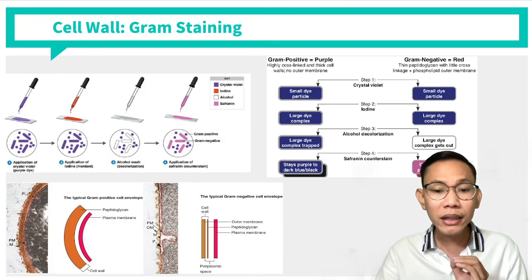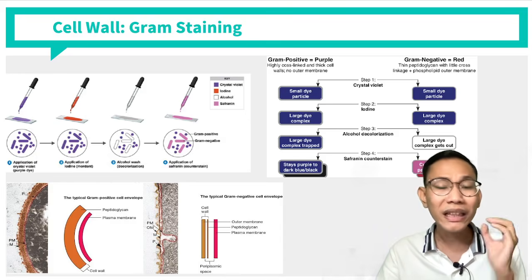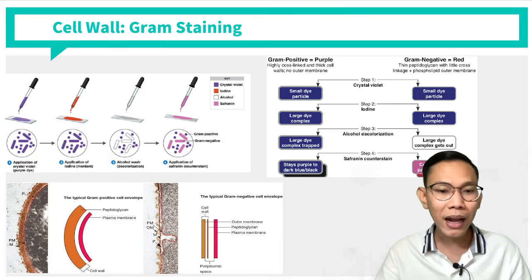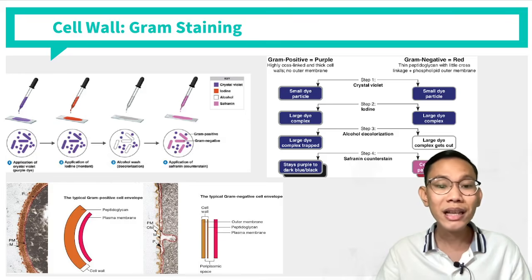However, it can still keep enough of it to retain the purple color. So, hindi lahat natatanggal. Some of its chunky peptidoglycan cell wall are being sloughed off, natatanggal. Pero, there is still a part of it that is left with a color violet, with a stain of your primary stain, which is now your crystal violet.